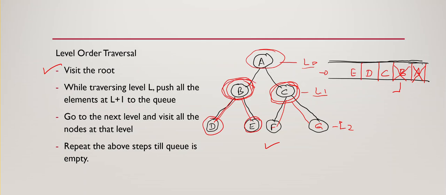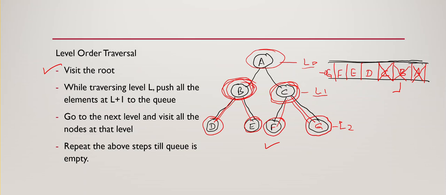So once B is traversed, now it will try to traverse the next node, that is C. So it will first of all print the data of C, and it will add the child items of C to the queue. So first it will add F, that is this node, and then it will add this particular node G.